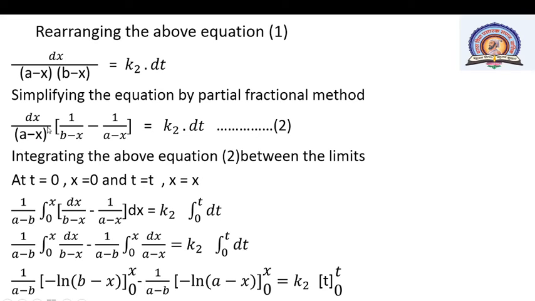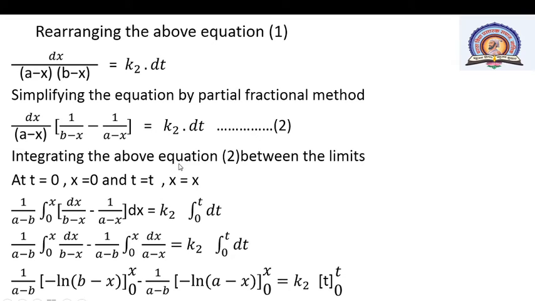The equation becomes dx divided by a minus x, into square bracket, 1 upon b minus x minus 1 upon a minus x, bracket complete, is equal to k2 into dt. Now this is equation 2.